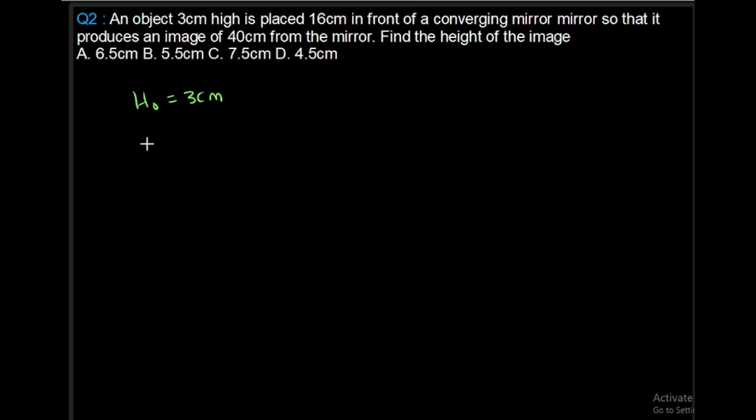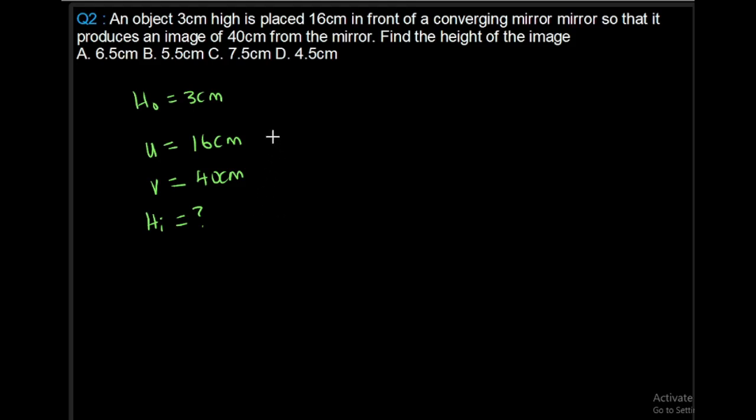We have object distance to be 16 cm, so that it produces an image 40 cm from the mirror. So we have image distance to be 40 cm. It said find the height of image, so we're looking for height of image.